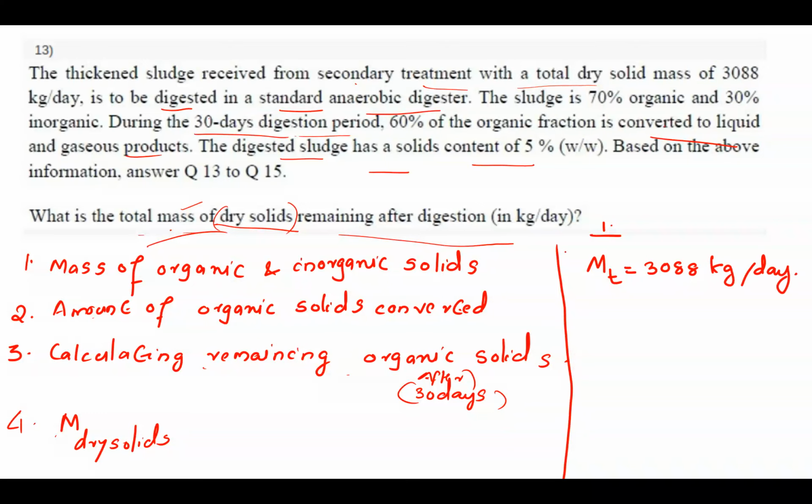So now the sludge is there. The total dry solid mass is 3088 kg per day, and another piece of information is given: the sludge is 70 percent organic and 30 percent is inorganic.